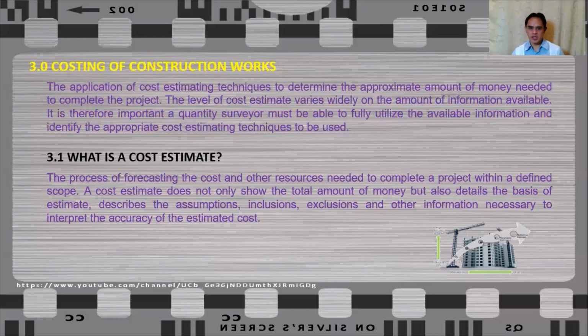It describes the assumptions, the inclusions, as well as the exclusions, and other information necessary to interpret the accuracy of the estimated cost. So when you carry out quantity estimate or cost estimate, it's not only about the quantity, the unit rate, and the cost. So you must have other details in order to properly interpret what the cost is all about, what are included and what are excluded.